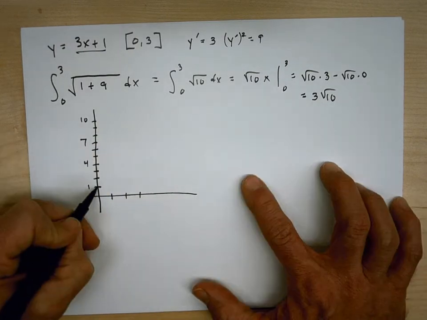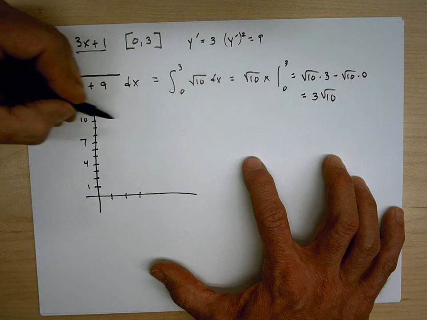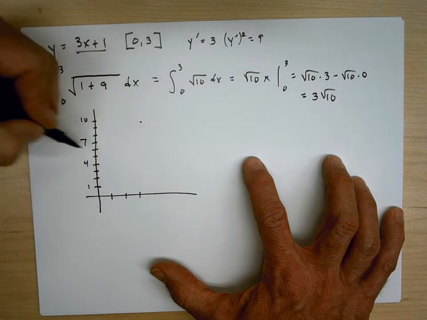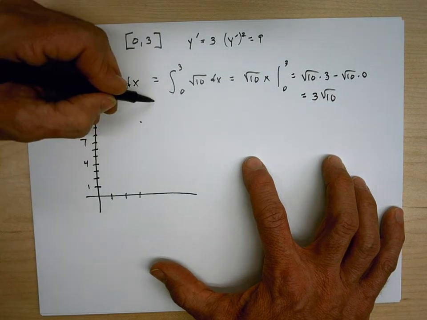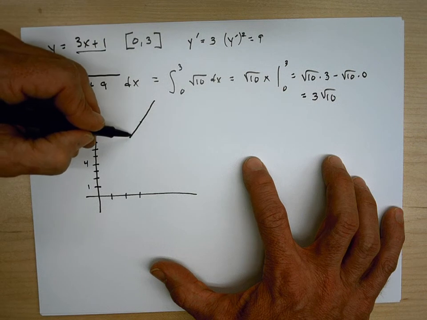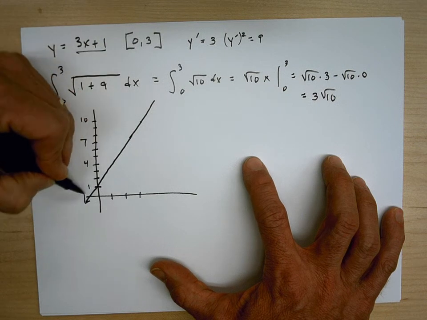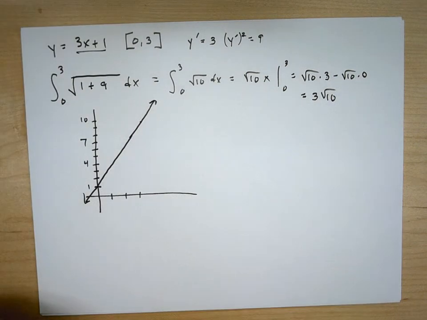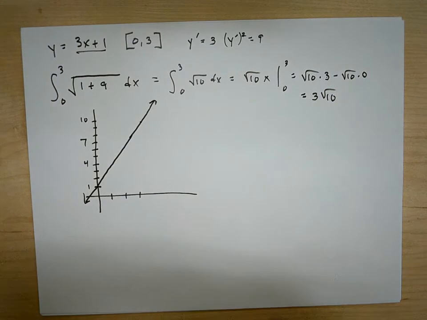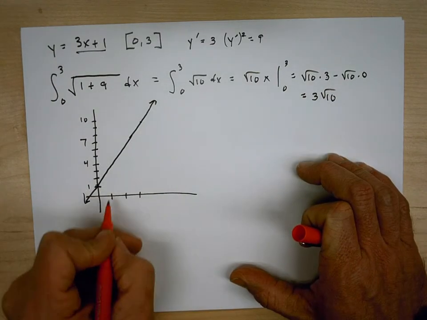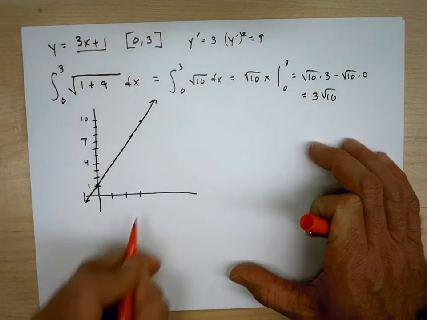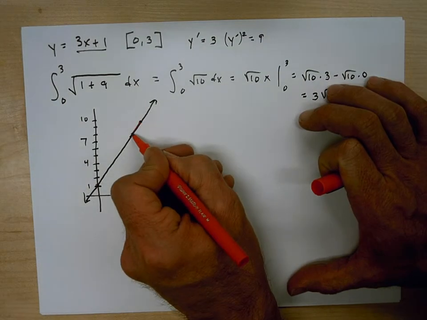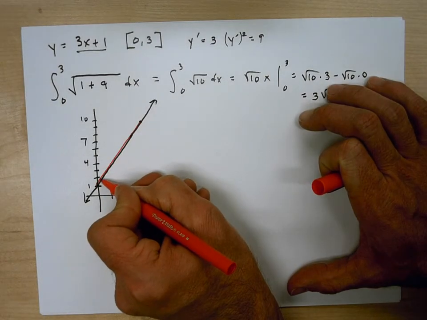So our line is going to look something like this. Right? And what we're trying to do is we want to find the length right along here.